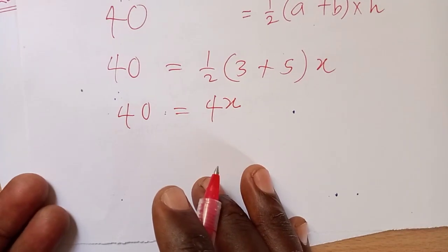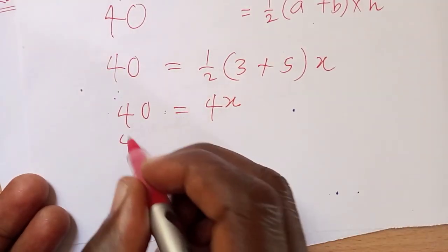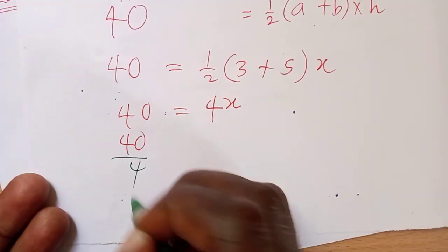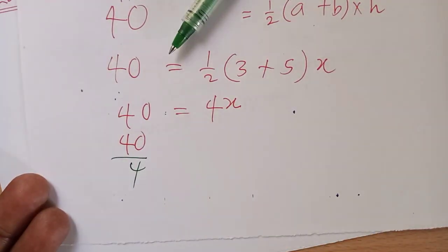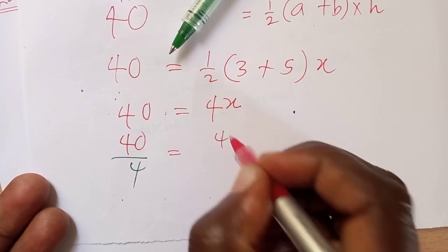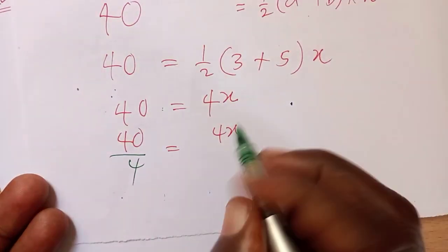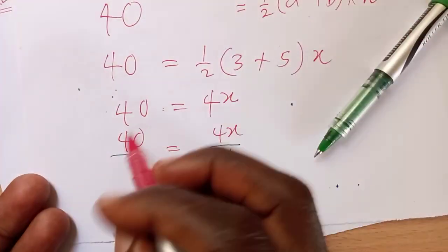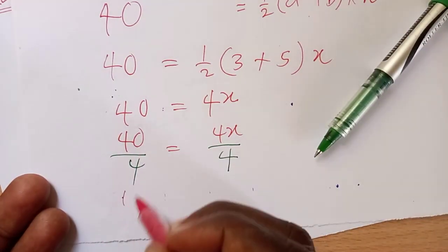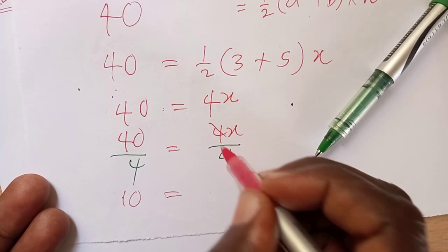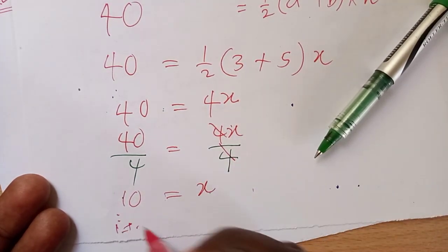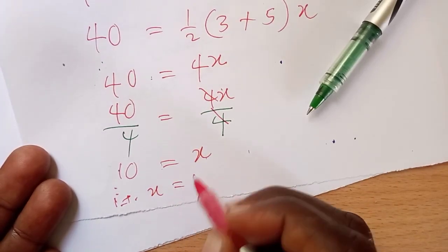Next, I divide both sides by 4. I divide my 40 by 4, and on the other side I divide 4x also by 4. Now 40 divided by 4 is 10, and cancel this, I have x, so my x is equal to 10.